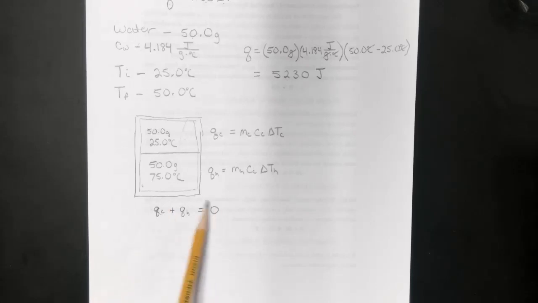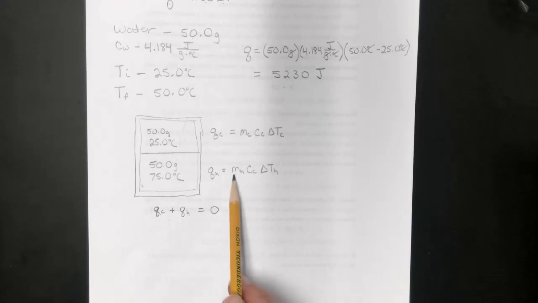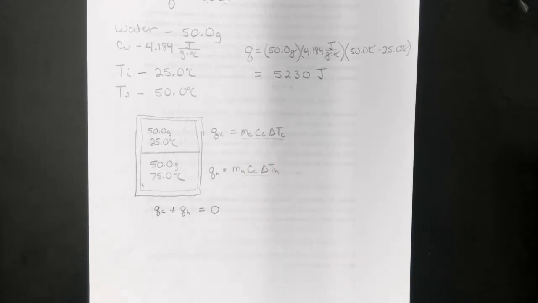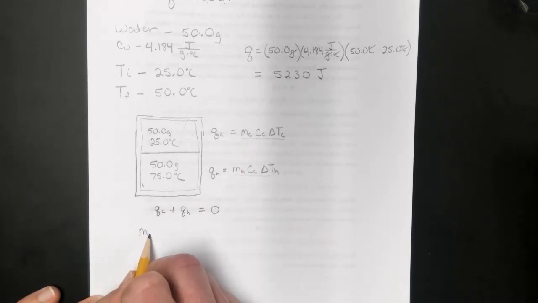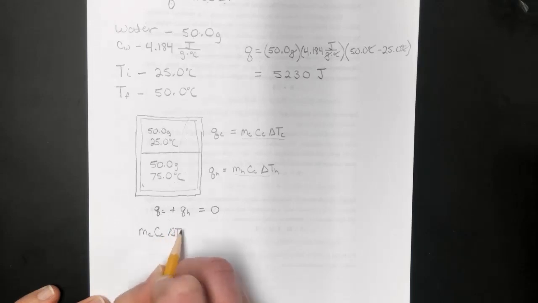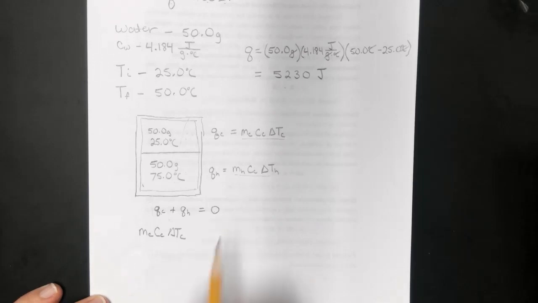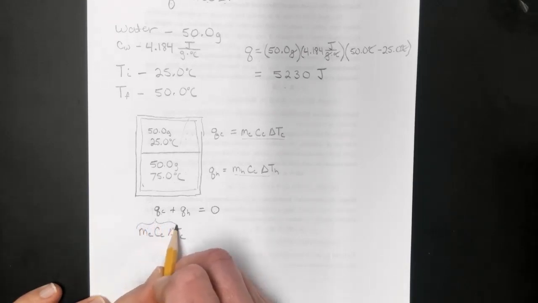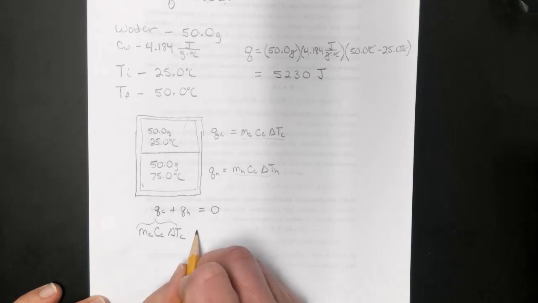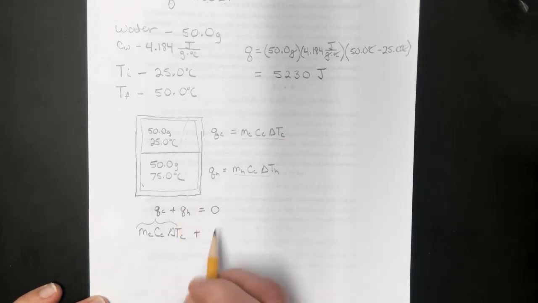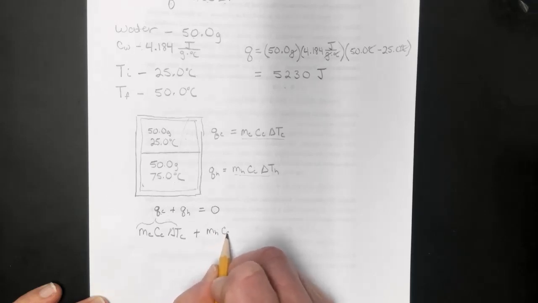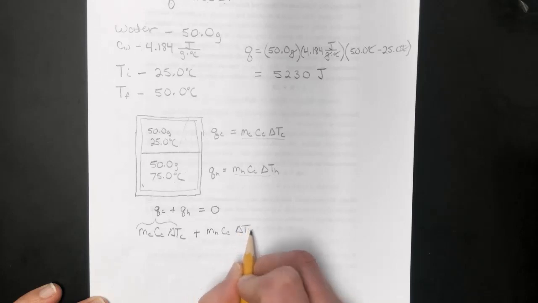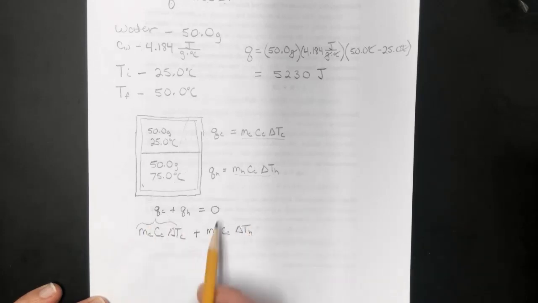So let's take this equation here and write it in these terms. Q sub C is just that term, M sub C, delta T. Okay, so that's what this is, according to that equation, plus now Q sub H, all this must equal 0.